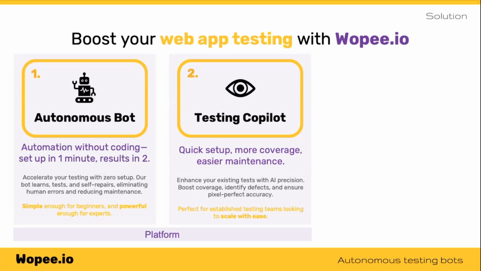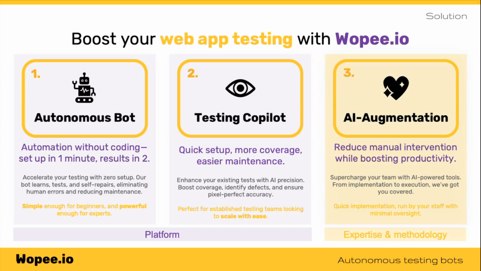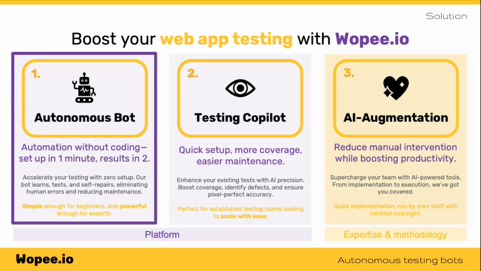Then we are working on integrations to help you increase your efficiency if you already have some automation testing tool. And then we also bring this expertise and knowledge into your team, and we could deliver some customized solution for you based on our existing tooling and our knowledge and experience from the past. So these are the three pillars we are working on, and I will be focusing on the first one.